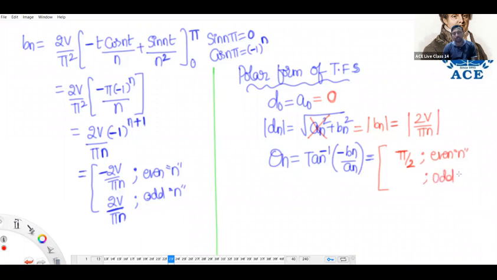Whereas for odd harmonics, it is positive, so overall it becomes negative, minus pi by 2. Even harmonics plus pi by 2, odd harmonics minus pi by 2.